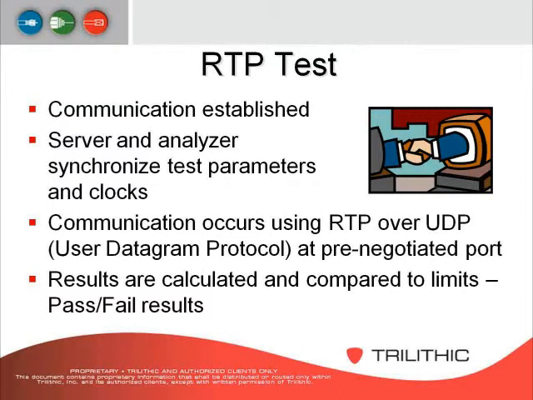So it does a firm handshake from the field to the server, and it looks at it both ways. And then this particular communication occurs using RTP over UDP, which is User Datagram Protocol, at a pre-negotiated port. So the port is already set up that it's going to use, and then this is transmitted.